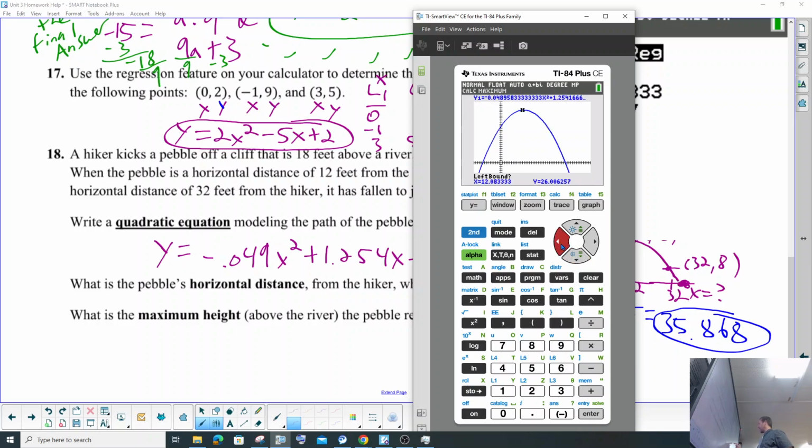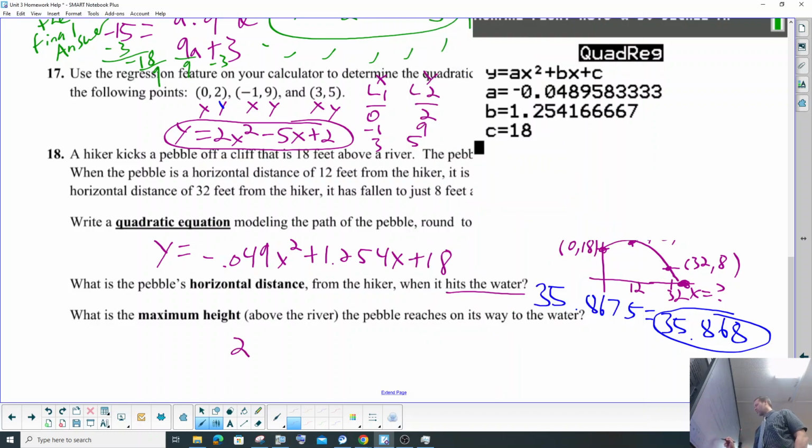So we have a left bound, push enter. We have a right bound, push enter. And then right about here, push enter. You should put all these steps in your note card. So we have a maximum of 12.8 and a maximum height of 26.032. So 26.032 is the very top of our mountain.